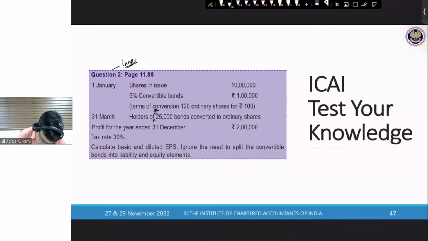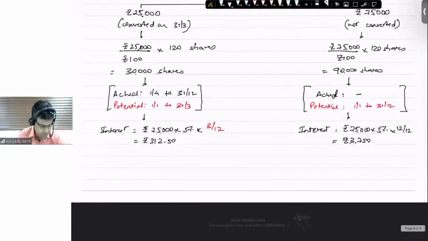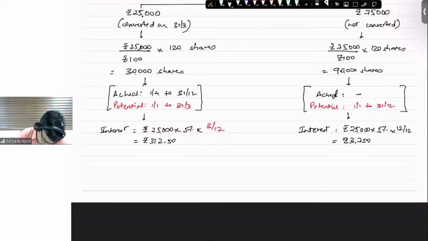Do I have a tax component? Yes. Tax rate is 30%. So we will do the interest figures net of tax.